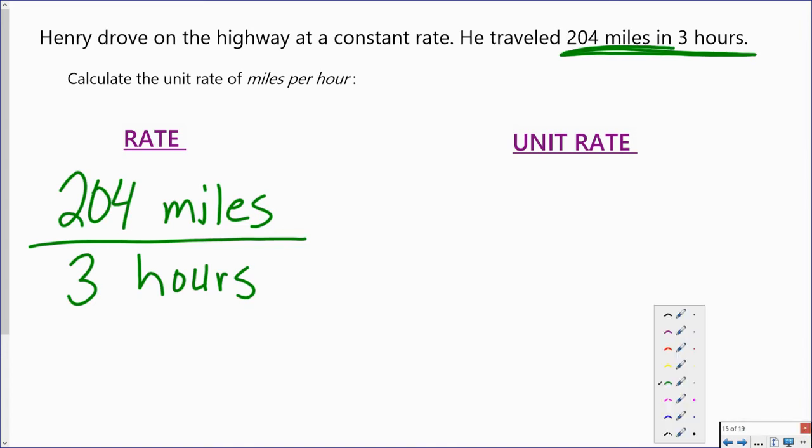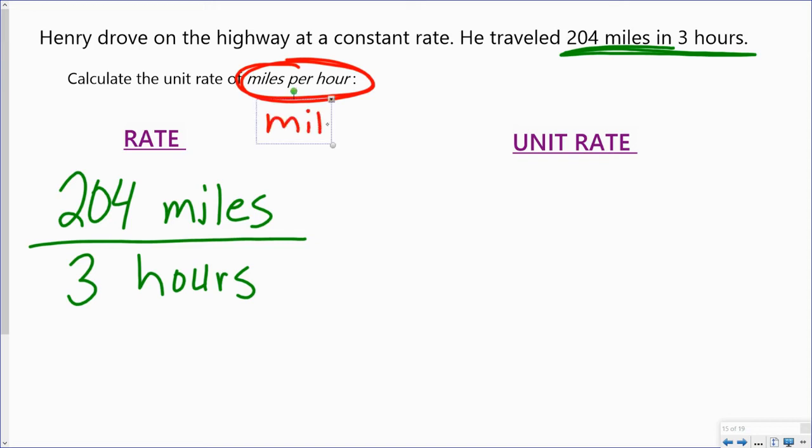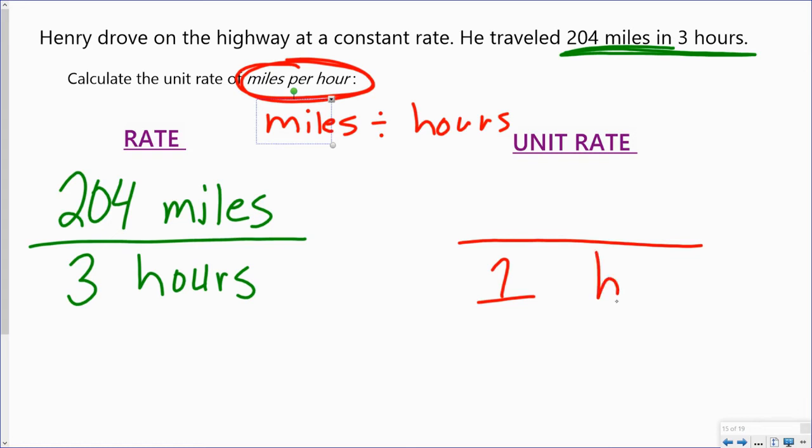Now to figure out my unit rate, this right here gives me a very big clue. It is going to be miles divided by the number of hours. And again, remember that hours, the bottom of our fraction, has to have a denominator of 1. So it'd be how many in 1 hour.